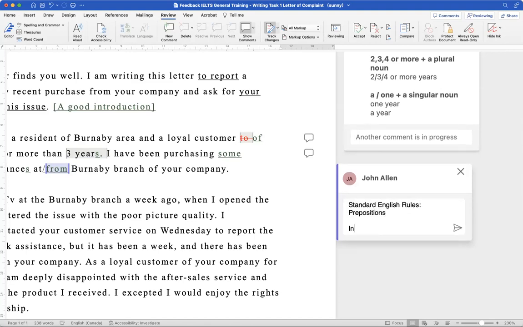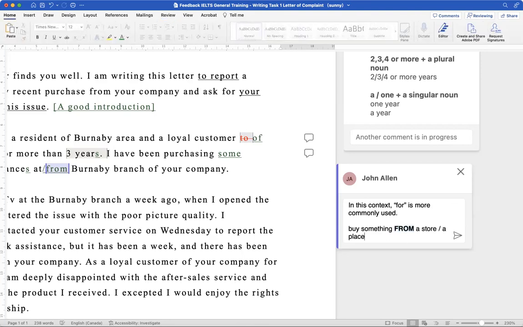In this context, from is more commonly used because we say buy something from a store, from a place. That's why.